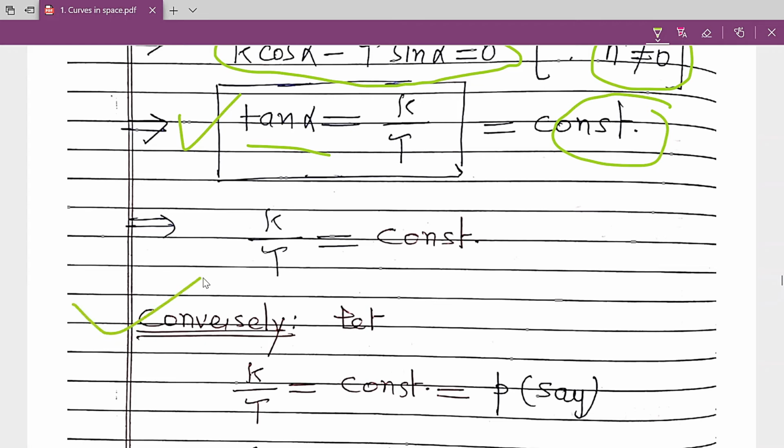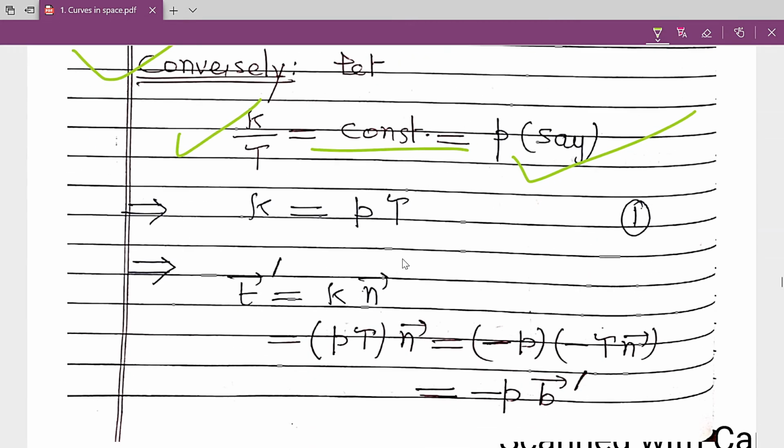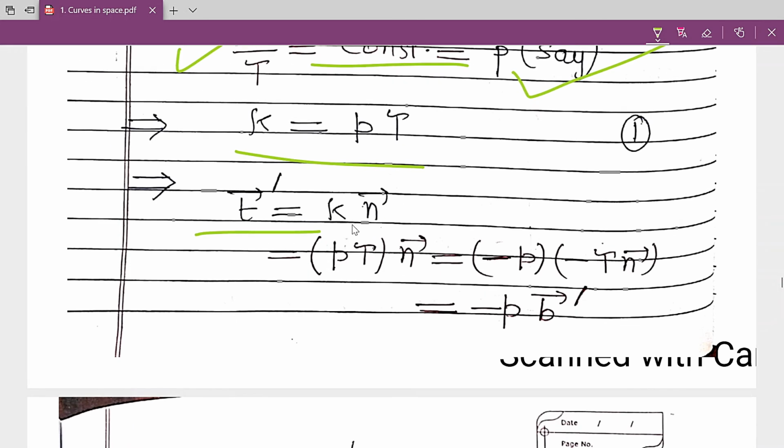Now the converse. Given kappa by tau is constant, suppose it is p. This is a constant value. Then kappa can be written as p tau, where p is constant. Now t dash is equal to kappa n vector. What is the value of kappa? p tau into n vector.